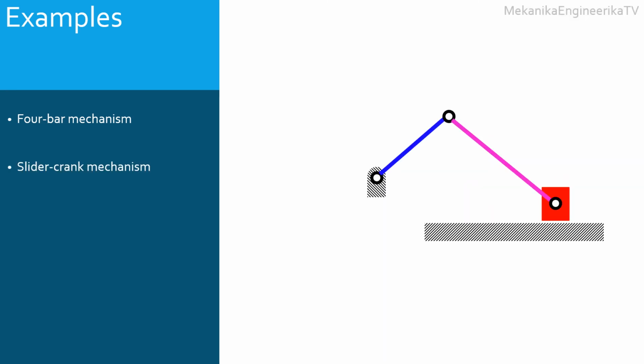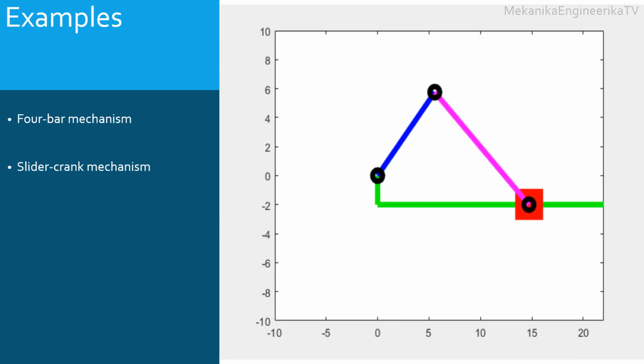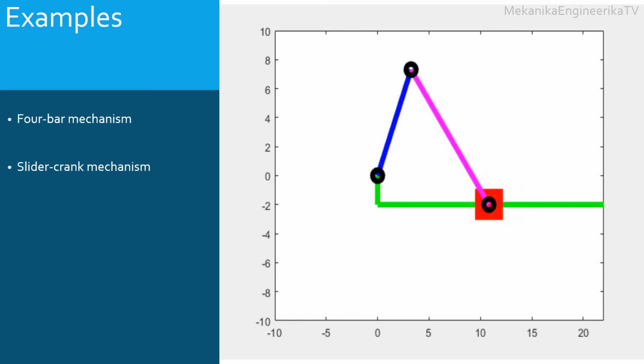A second example is the slider crank mechanism. It is also made up from 4 links, the ground, the crank, blue link, coupler, magenta link, and slider, red box. The links are connected through 3 pin joints and 1 prismatic joint. The slider translates along the ground or reference link.